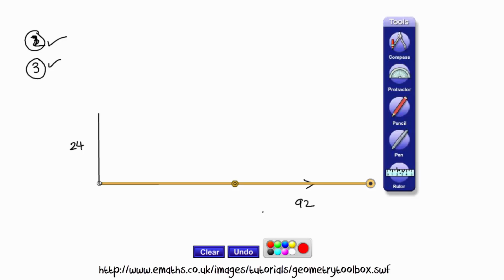Now I'm going to be drawing an arc, and I know that the arc will be of 11.5. I'll put the protractor on the origin, the starting point, and check that it's the correct side. Then I have to draw another arc from this end, and that's completed.